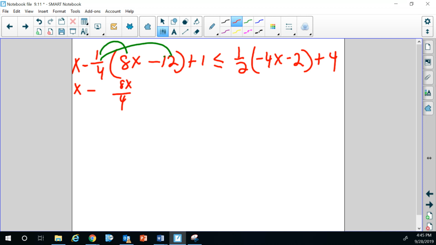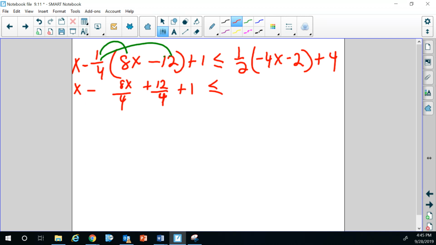Negative 1/4 times negative 12 is going to give you a positive 12 over 4. And I bring down my plus 1 sign. On the right side, I have 1/2 times negative 4x.